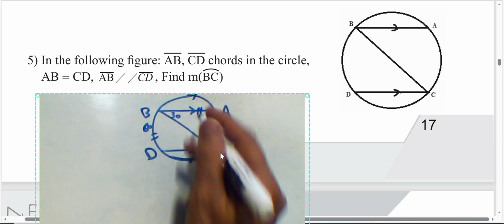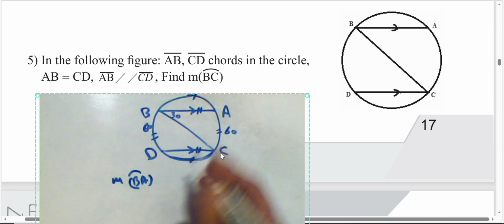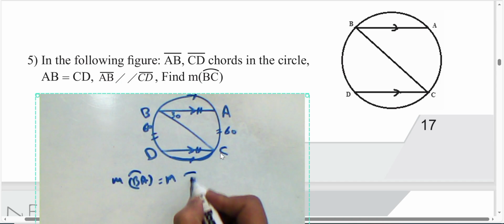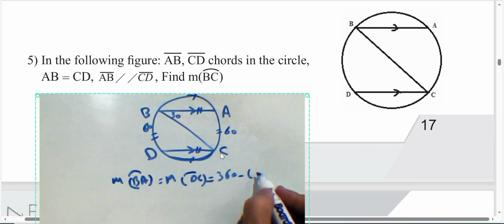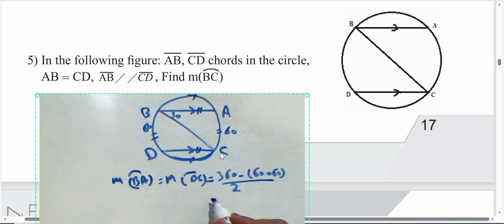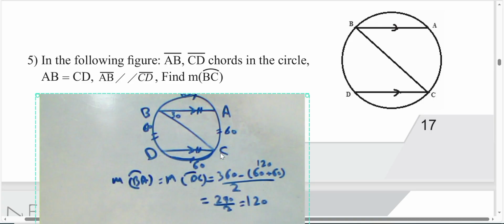Then the measure of each one of them, arc BA equivalent to arc DC, equals 360 subtract 60 plus 60, divided by 2. Then 60 plus 60 is 120, subtracted from 360 equals 240, divided by 2 equals 120. Then each one of them equals 60. Then it will be 60 and 60.